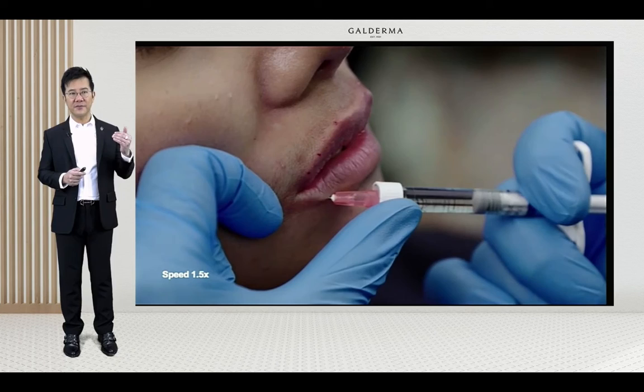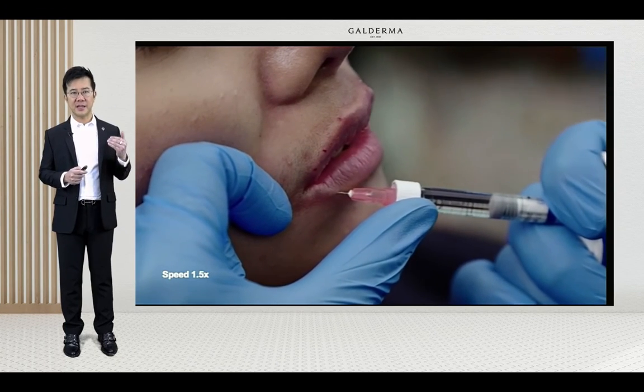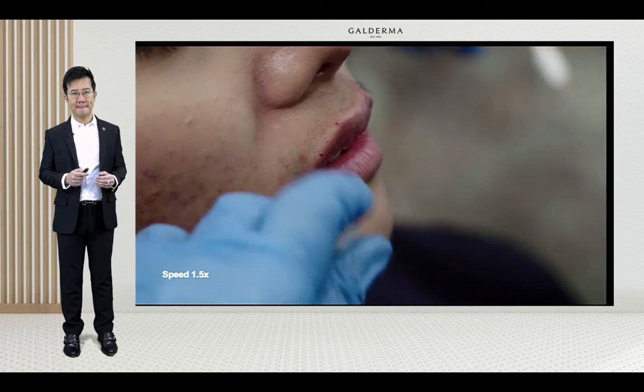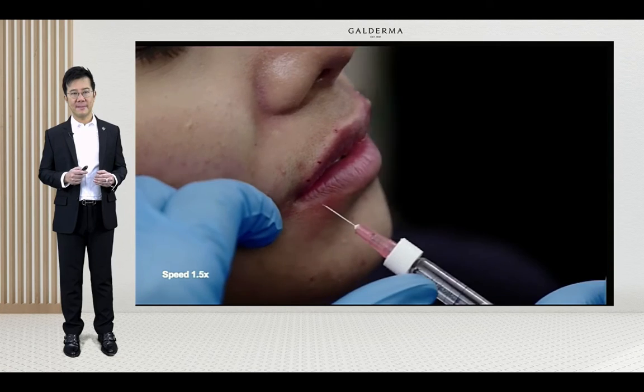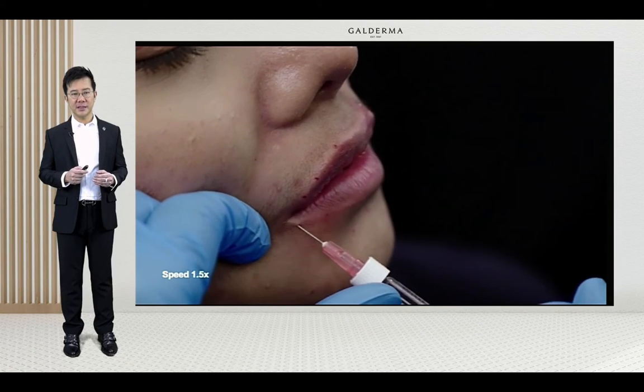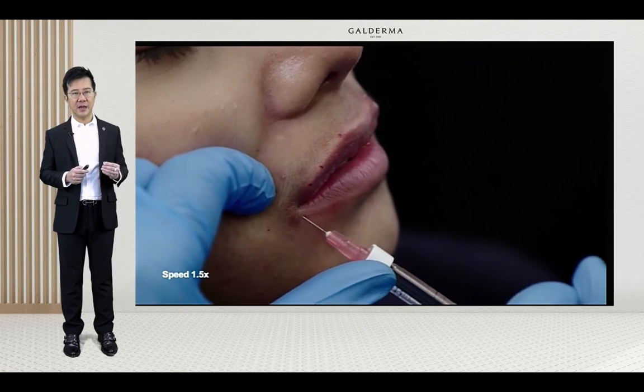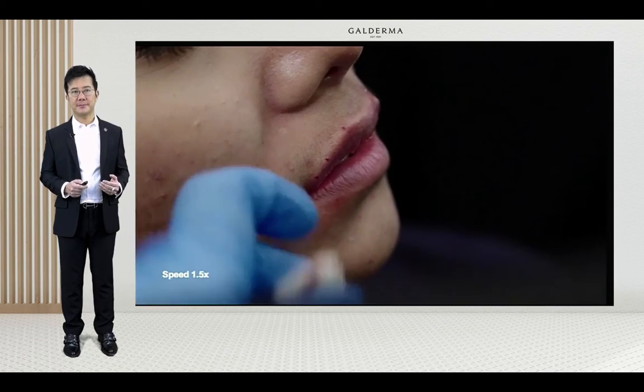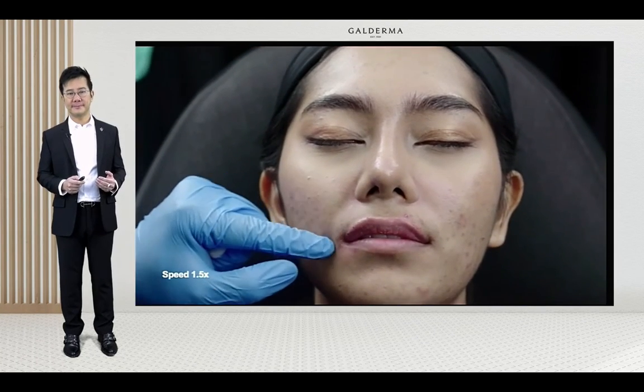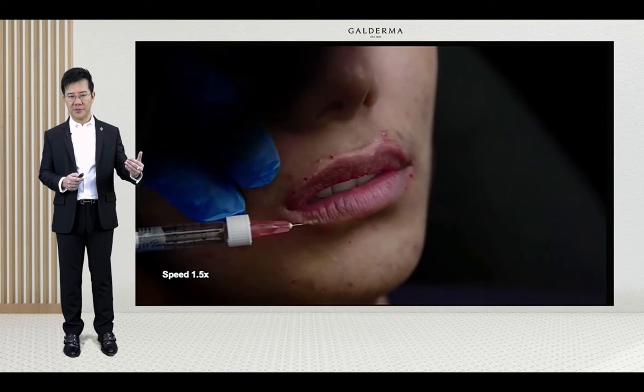Then I inject a very little here, just a small drop, to lift up the corner of the mouth.